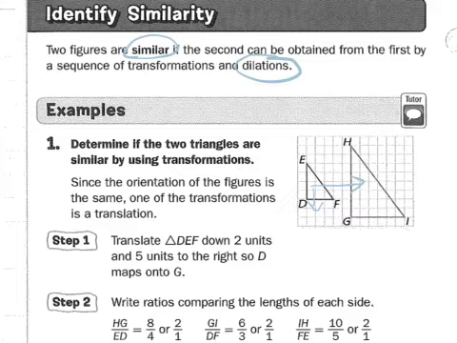When we do that, angle D will land right on top of angle G. Angle F will be here, and angle E will be here. So that's going to be our new triangle.